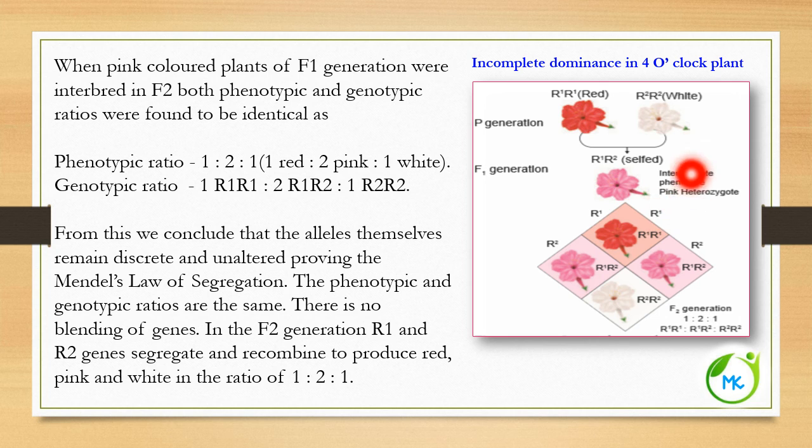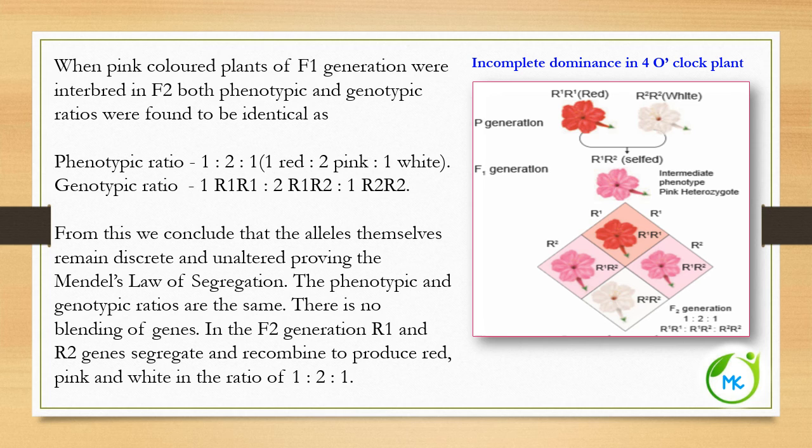If the alleles had blended, in the F2 generation there would be no possibility of production of the parental phenotypes. But here you could see, again in the F2 generation, the appearance of the parental phenotypes. So it is very clear there is no blending of genes.